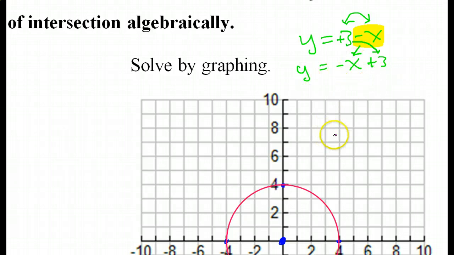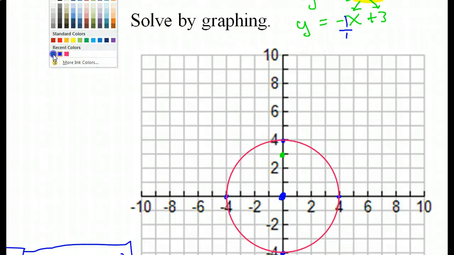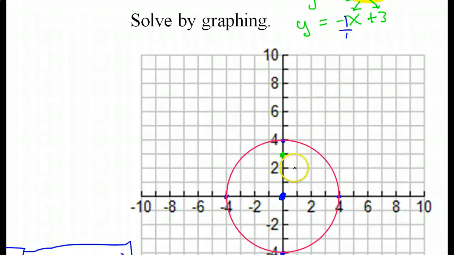Alright, anyway, so this is the equation. And that means the y-intercept is 3, because of that. And then this negative x means it's like negative 1 over 1. So I'm going to go down 1, right 1 from here. Okay, and it'll be like this.